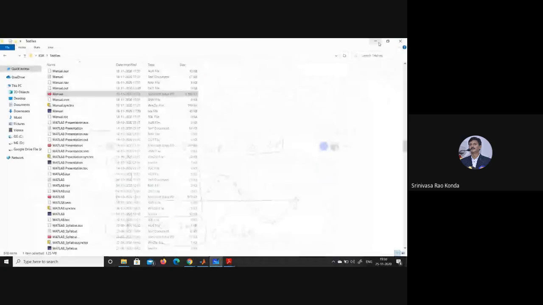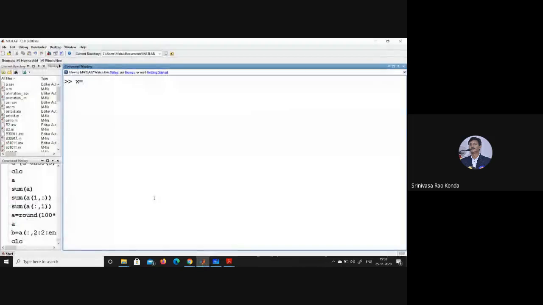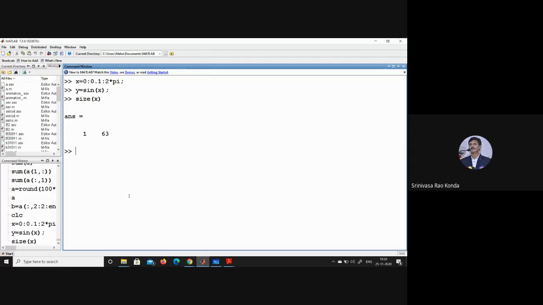So I'm taking this one. X is equal to 0 colon 0.1 colon 2 star pi. Y is equal to sin of x. I have x values and y values. What is the size of x? 63 points are there in the closed interval a comma b.